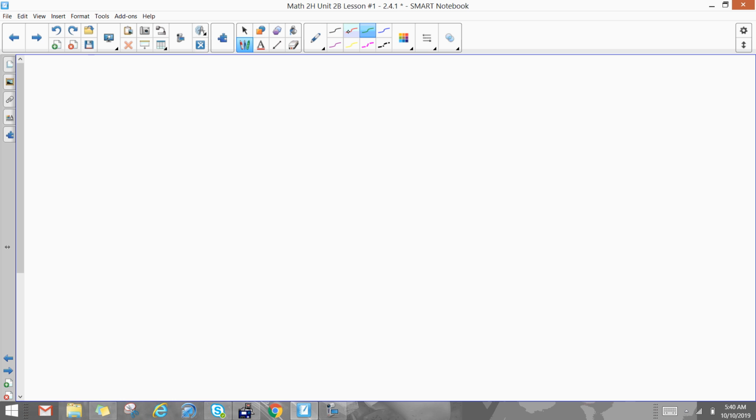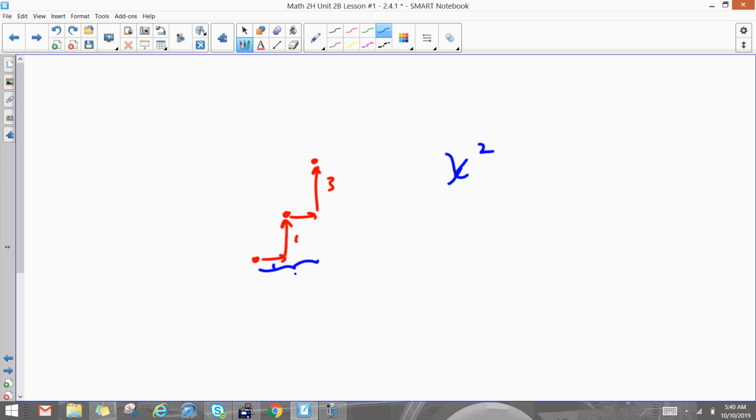When we had our quadratic function, we had these points and we went right 1, up 1, right 1, up 3 for our values. Or if you want to think of it more as a quadratic, 1 squared is 1. 2 squared is 4.